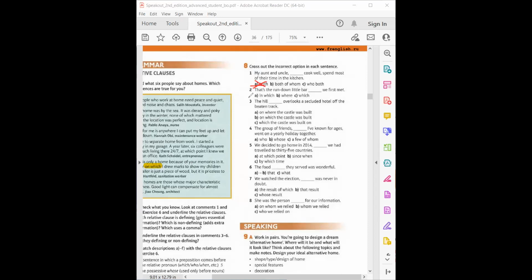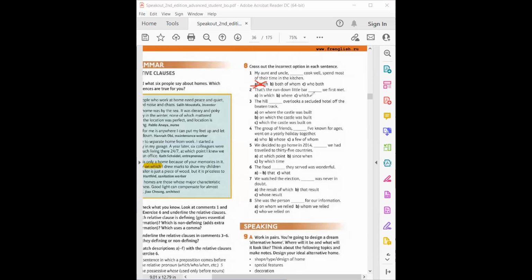Next one, that's the rundown little bar in which we first met. A again. All right, let me see here. In which it's correct. B, I think. And where is correct? It's a place. You can say where we met.